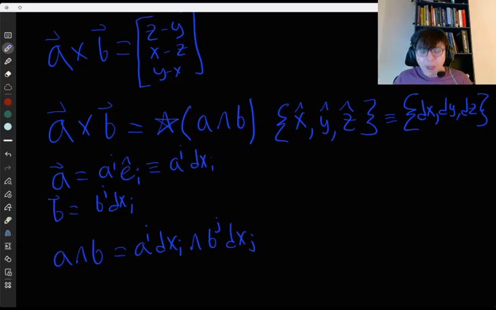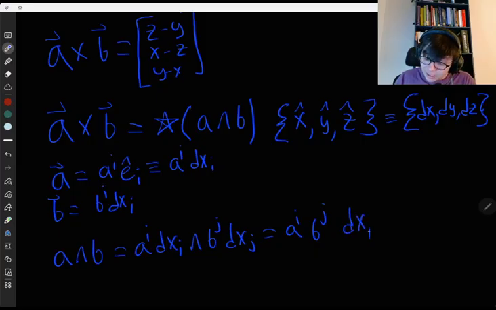We only cared about the forms wedging with the forms. So we can now rewrite this as AI, because that's just a number, BJ, because that's just a number, times dxi wedge dxj.